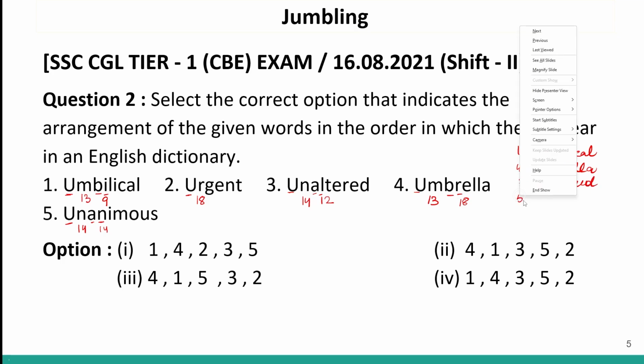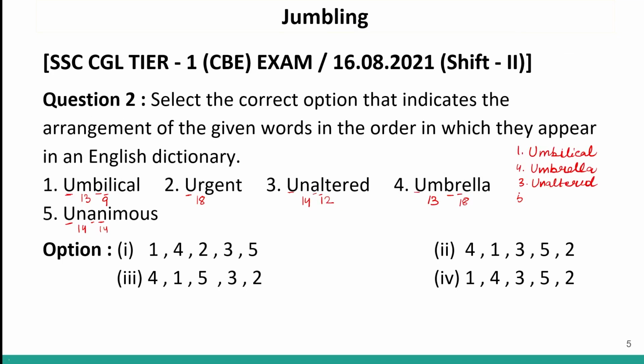And then we'll have unanimous. Correct? And the last word will be this one, which is urgent. So our correct answer will be 14352. 14352 is given in option number 4. So option number 4 will be your correct answer.